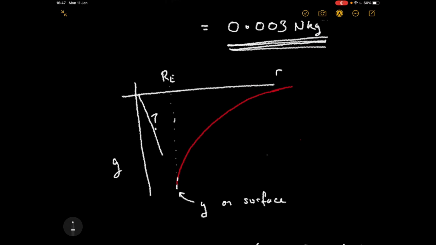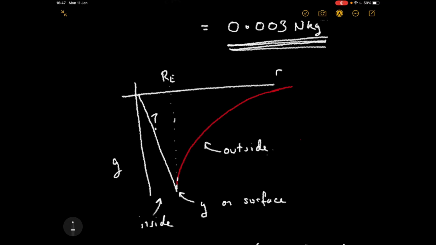So if we were to go back to this graph, what happens in there? Well, it will happen like this. And that is how we can deal with gravitational fields both inside and outside a planet. So this is inside and this is outside.